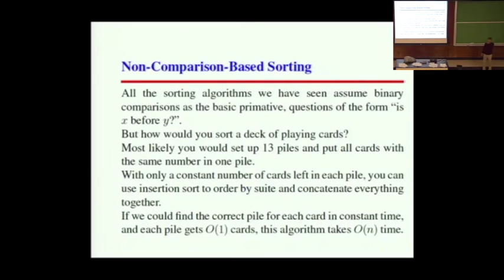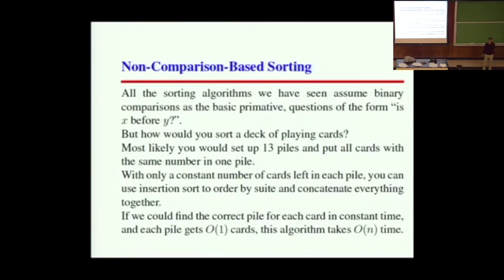Does everybody see that? Now I'm not comparing elements against elements. I'm comparing the first letter of your name against a letter written on the floor, right? Does everybody see how that's a little bit different in flavor?